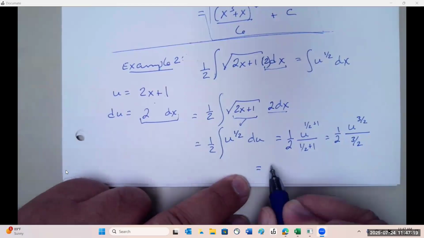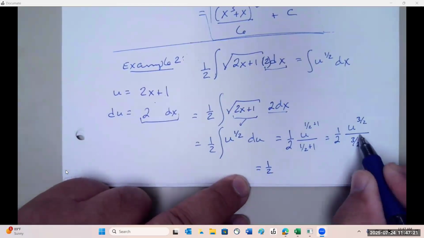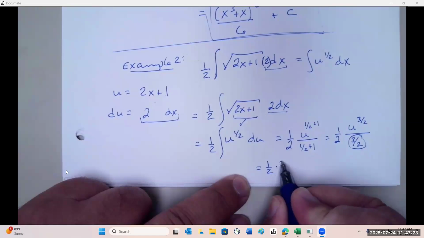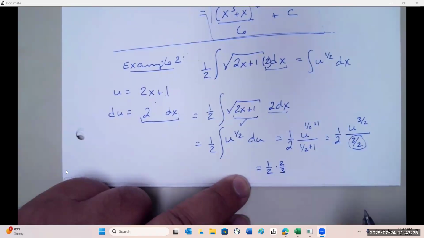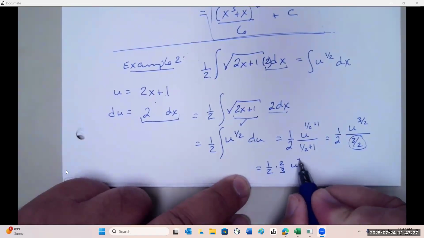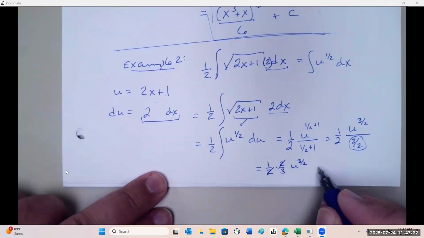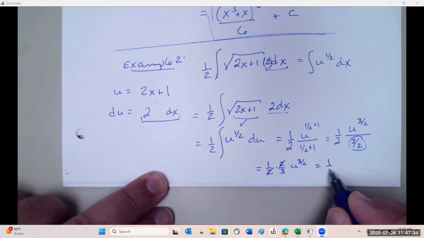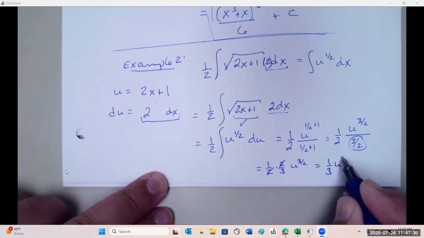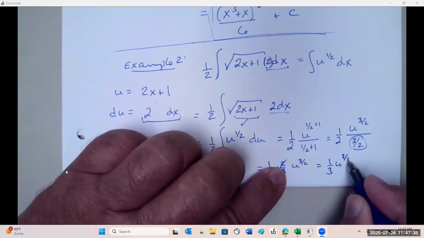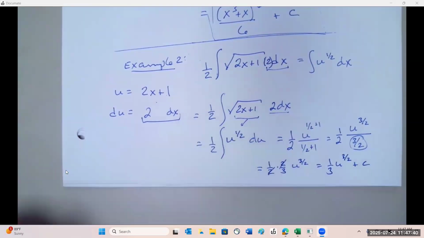Okay, so we have 1/2. Take this, since it's a fraction, reciprocate it. U to the power 3/2. The 2's cancel. So we have 1/3 u to the power 3/2 plus c. Are we done?